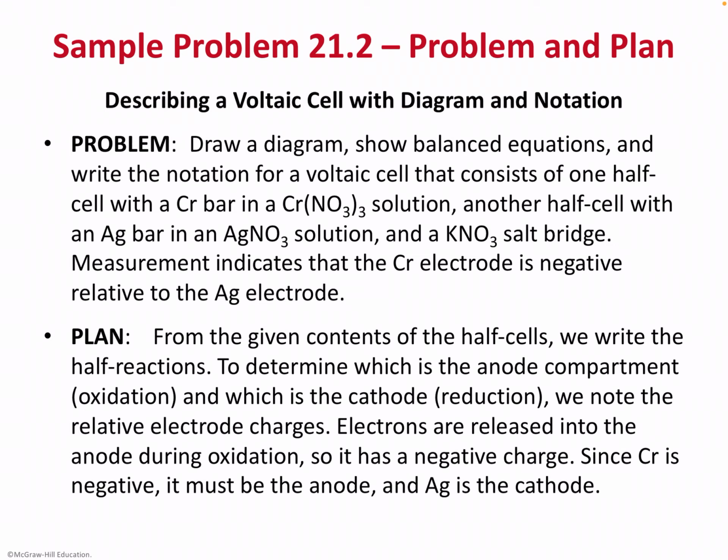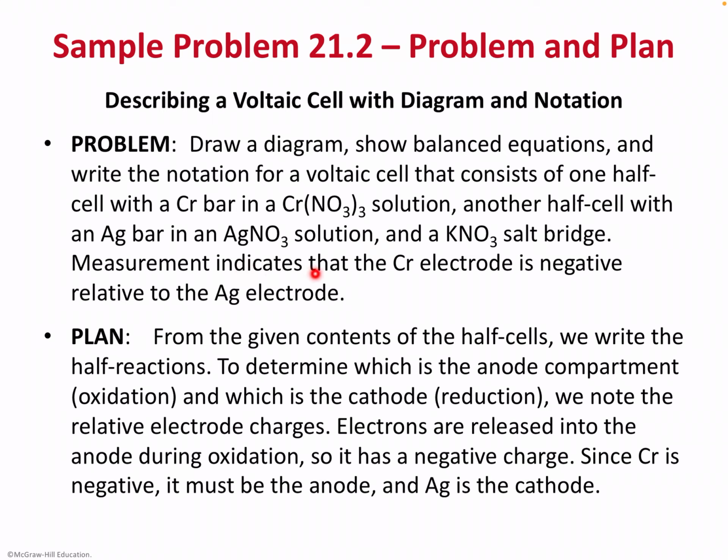Draw a diagram, show balanced equations, and write the notation for a voltaic cell that consists of one half cell with a chromium bar in a chromium nitrate solution, another half cell with a silver bar in silver nitrate solution, and a potassium nitrate salt bridge.